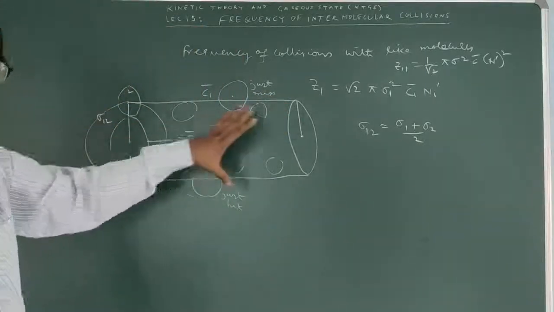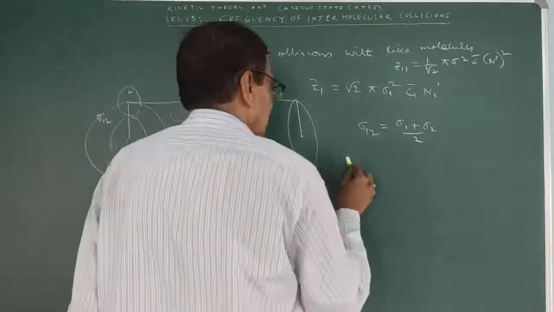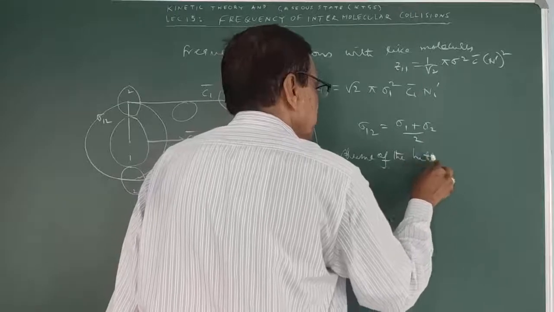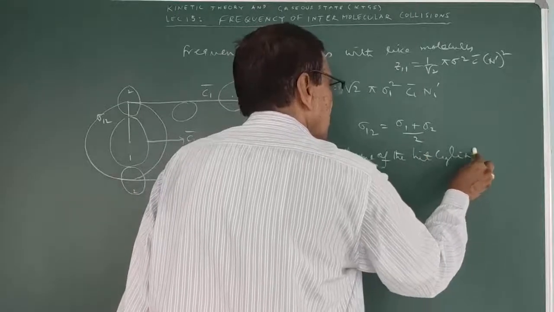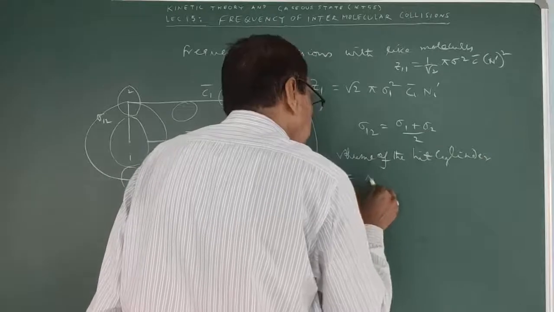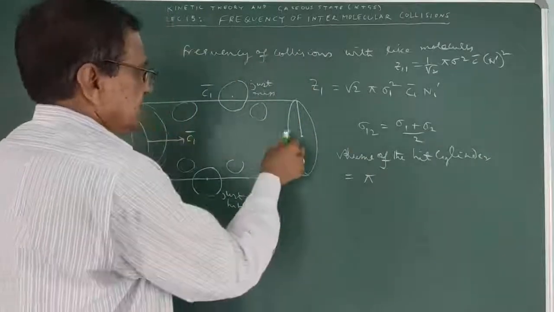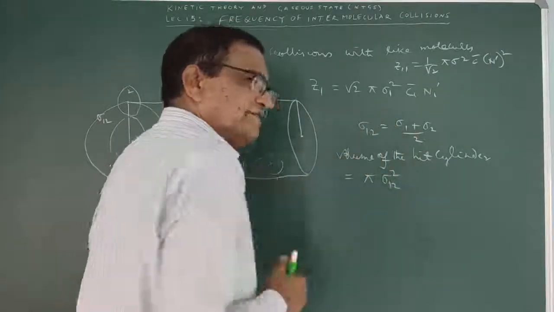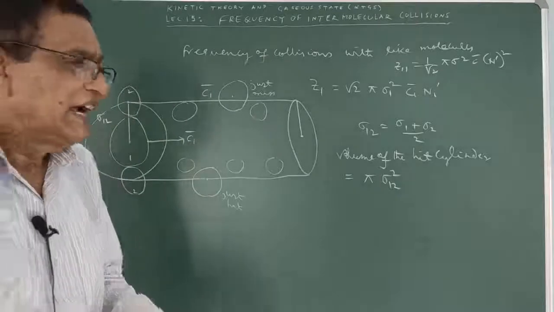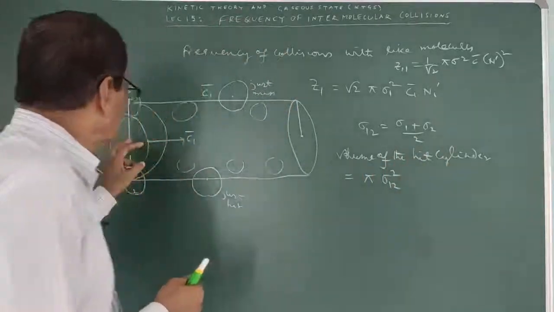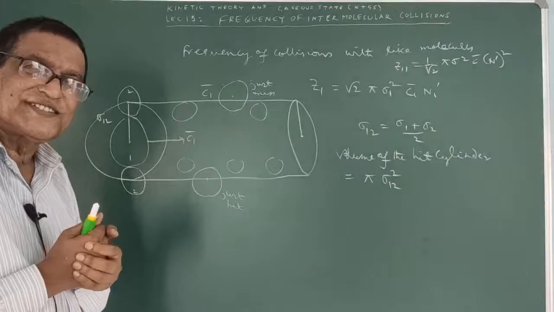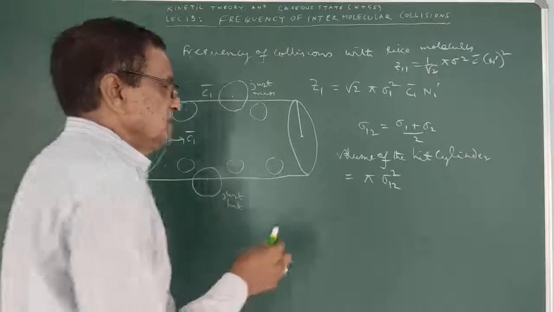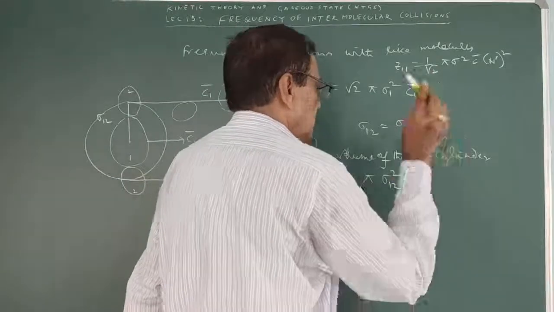So the volume of the hit cylinder is equal to the area of cross section, pi sigma 1 2 square, multiplied by the length. In 1 second this molecule will move the C1 bar distance, so the length of this collision tube will be C1 bar.